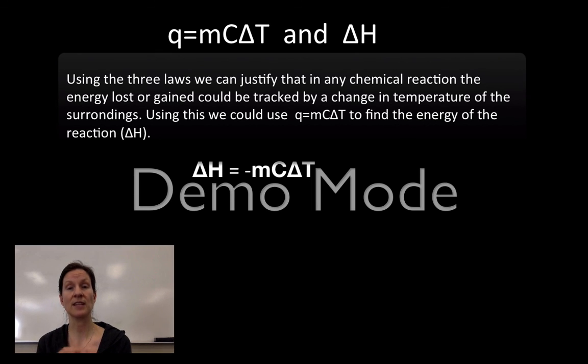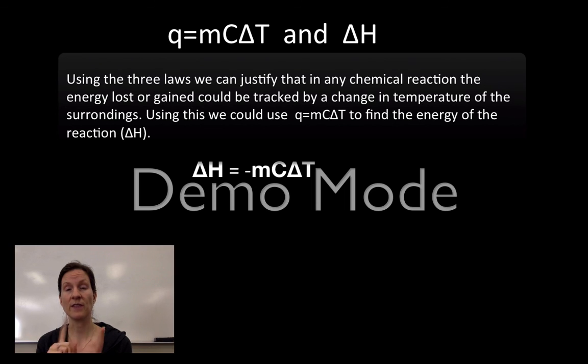And my surroundings, given the certain situation, will increase in temperature because they took the energy in. And that increase in temperature, which I can use MC delta T to calculate as Q, would then be the delta H for that specific process.